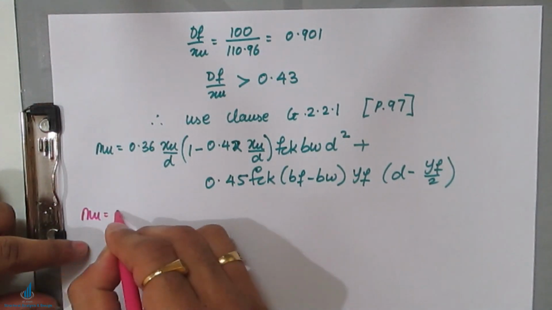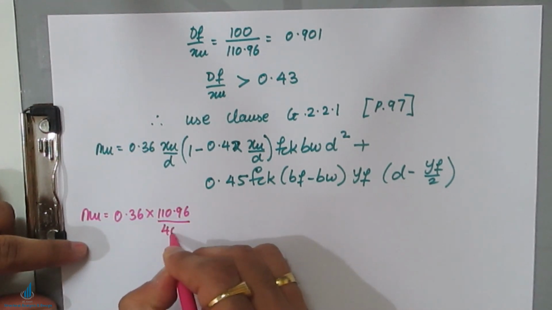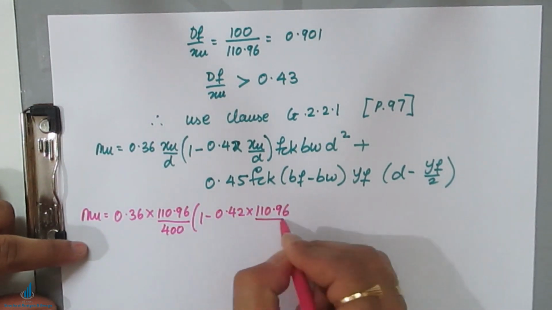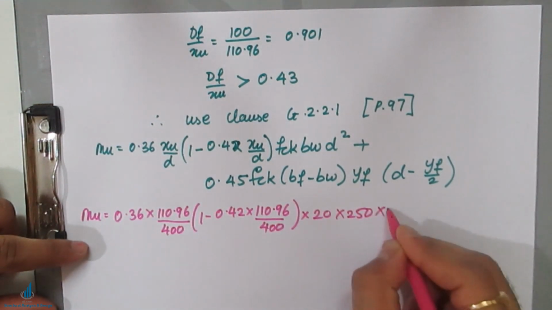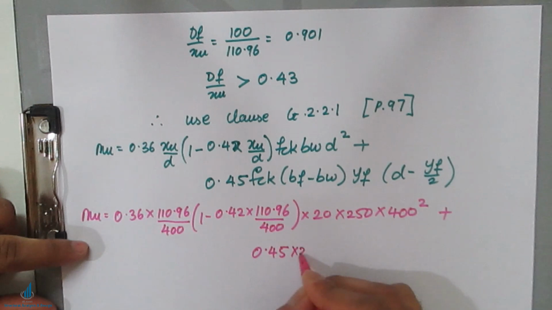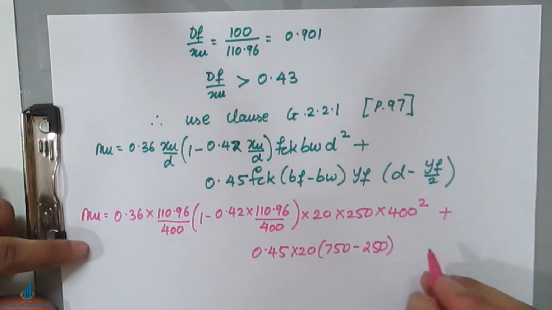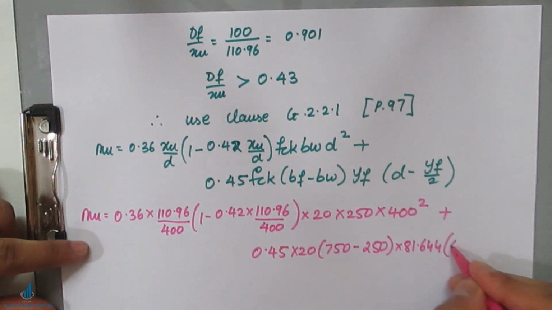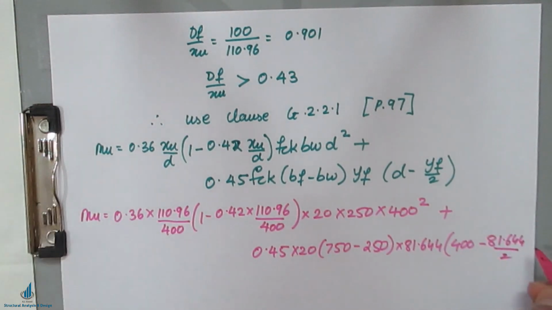Mu equals 0.36 into 110.96 divided by 400, 1 minus 0.42 into 110.96 divided by 400, fck is 20, bw is 250, d is 400 square plus 0.45, 20, bf is 750, bw is 250, yf is 81.644, then d is 400 minus 81.644 divided by 2.